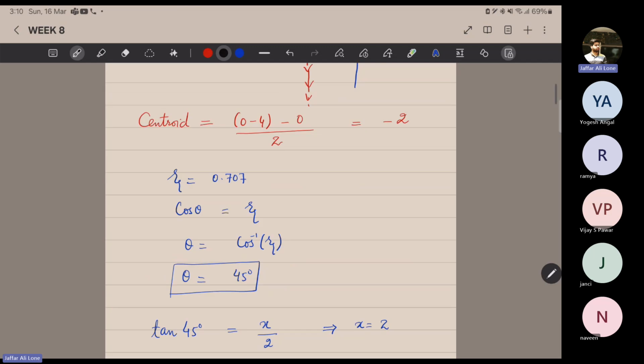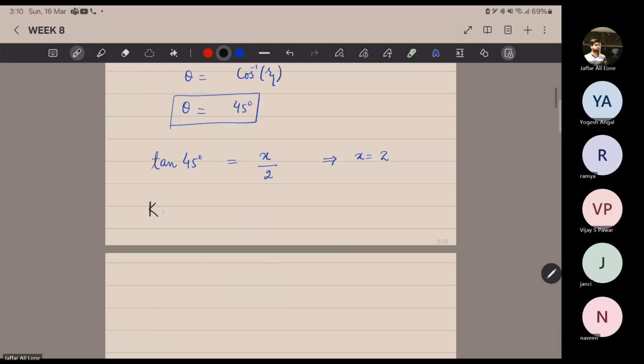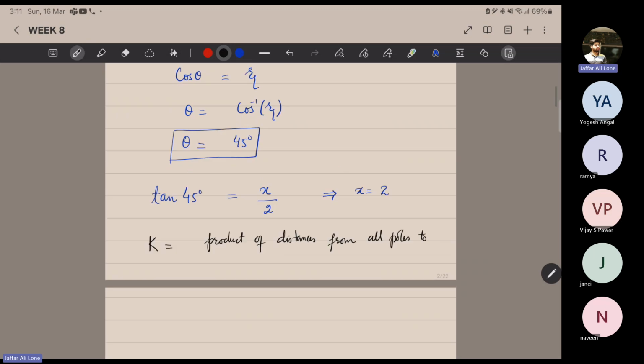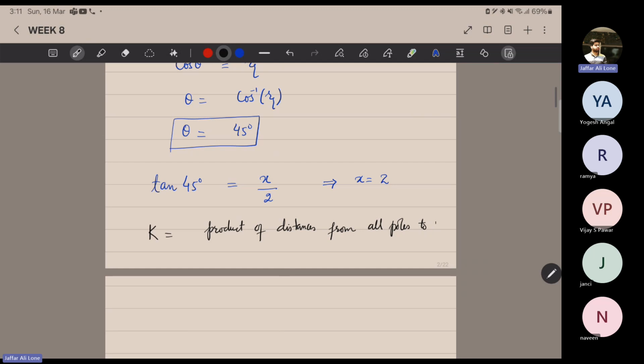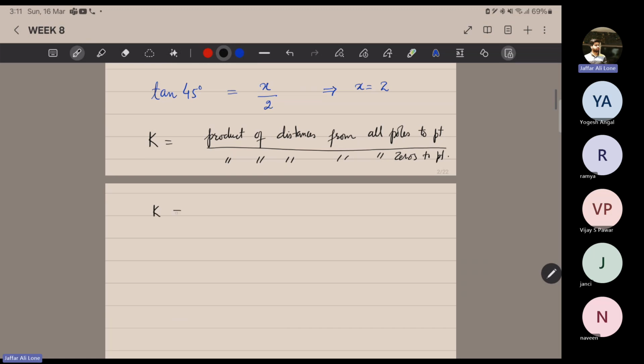The value of k is the product of distances from all poles to the point, here -2 plus 2j, divided by the product of distances from all the zeros to that point. So what is k here?